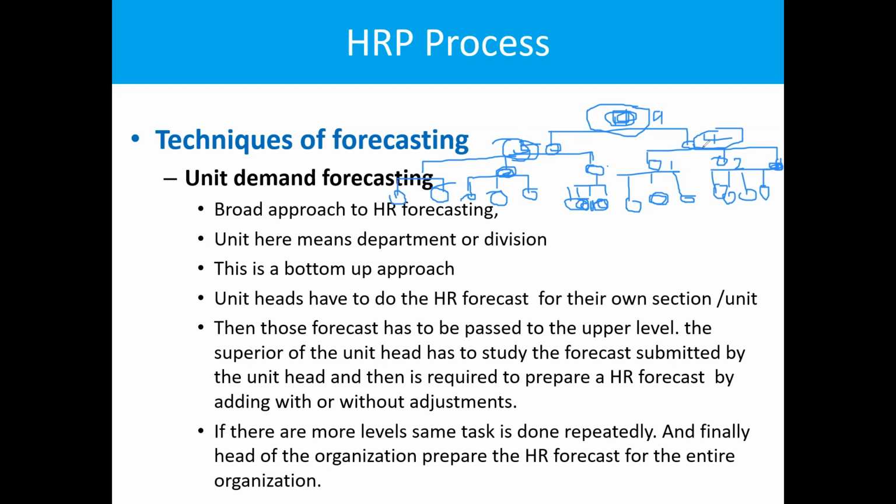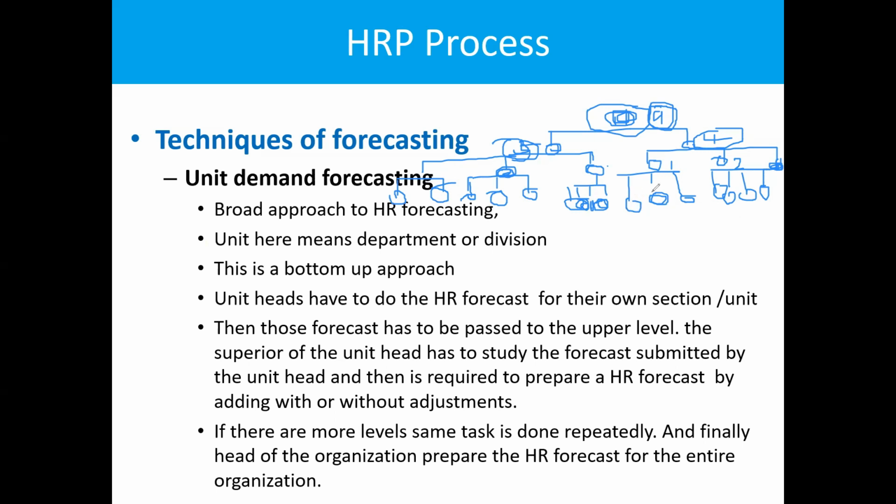Then these two predictions are passed to the top level. Then ultimately, the CEO is having a prediction of 9 people requirement. So then, as the leader of the organization, he can adjust this at each level. Each leader of each level can adjust the estimate or the prediction coming from below, right?